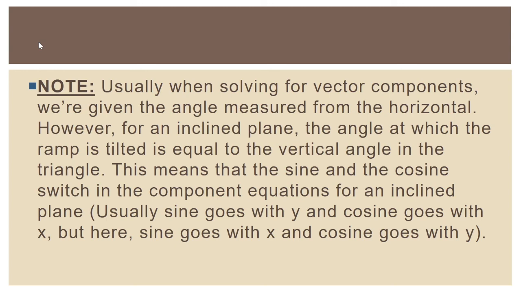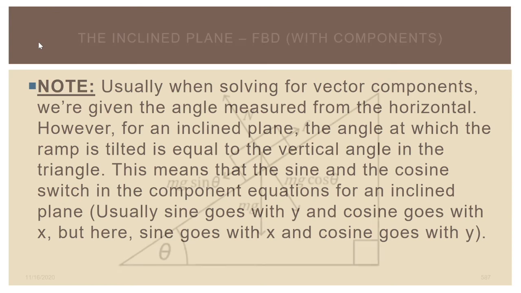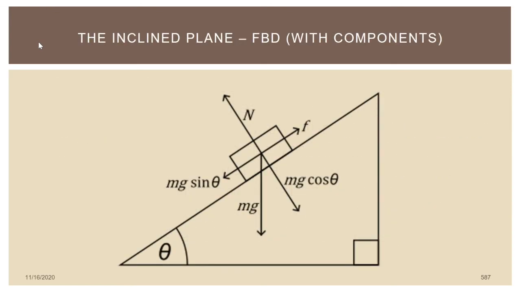So another way of looking at the free body diagram for an inclined plane could be a little something like this. Now, this isn't drawn to scale, so we're not going to go too nuts about this here, but the idea is the normal force is acting perpendicular to the surface. The friction force is acting parallel to the surface, and so is FGX, the x component of the weight.